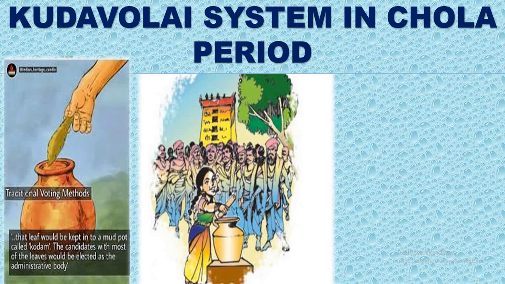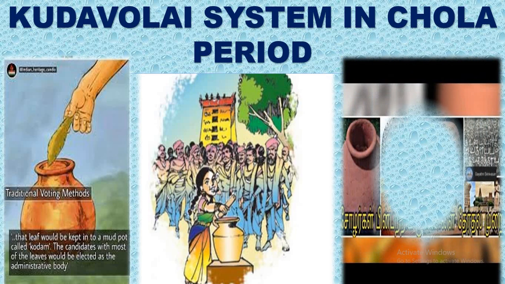After everyone has cast their votes, a little child picks one, and whoever's name she or he picks will be the leader. This is the system followed during the Chola period. It's called the Kudavolai system.